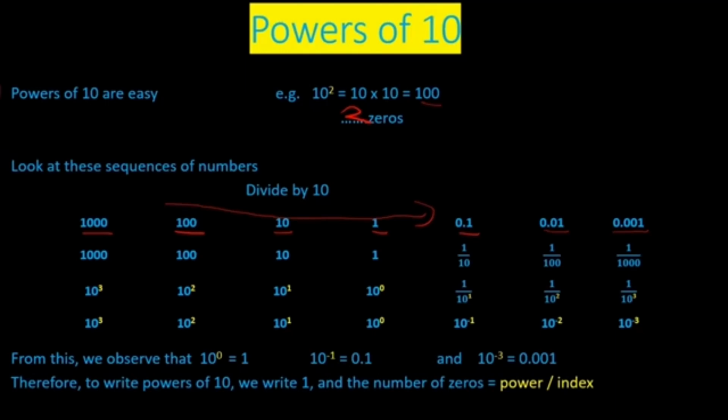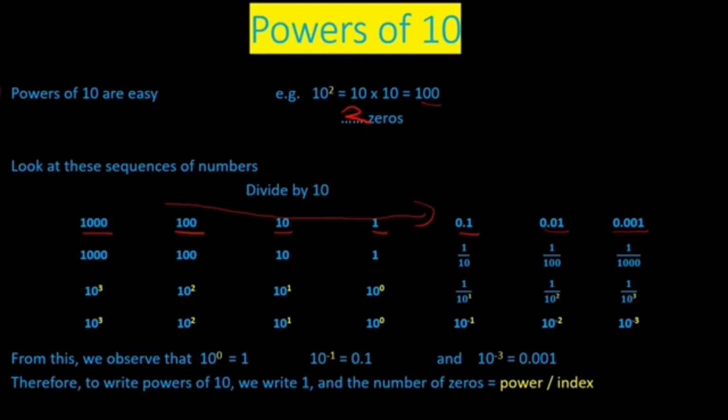So we now want to convert these numbers to other forms, to standard form, and see how far we can get with that. From this, you can see here that we have 1000, and our 1000 can also be written as 10 to the power 3. Why?